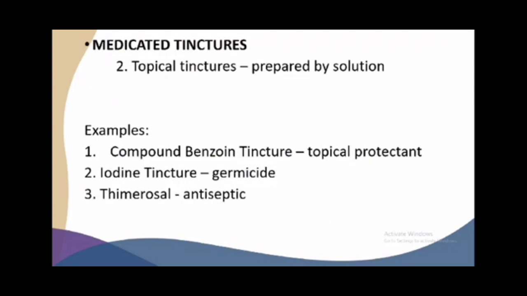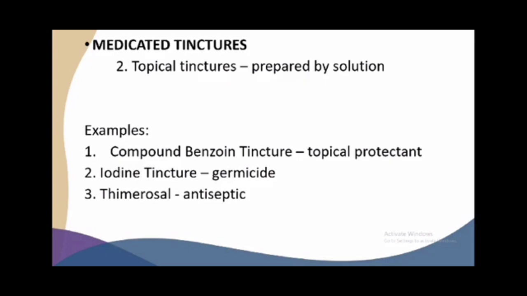The last type of the medicated tinctures is the topical tinctures. The topical tinctures are prepared by solution. However, this can cause a stinging sensation when it is applied to abraded or broken skin, so we must be careful in applying this on our skin. An example of this is compound benzoin tincture, which is used as a topical protectant to prevent or treat rashes or other minor skin irritations.